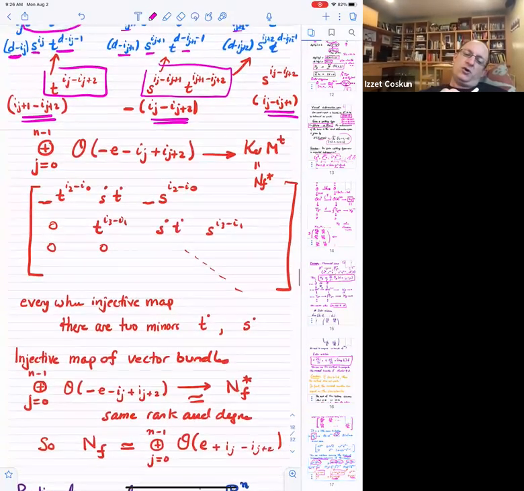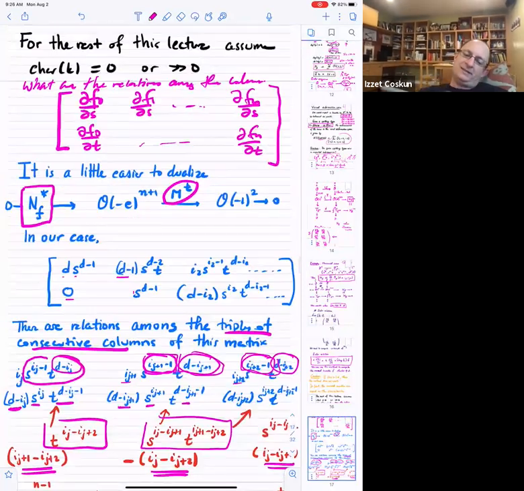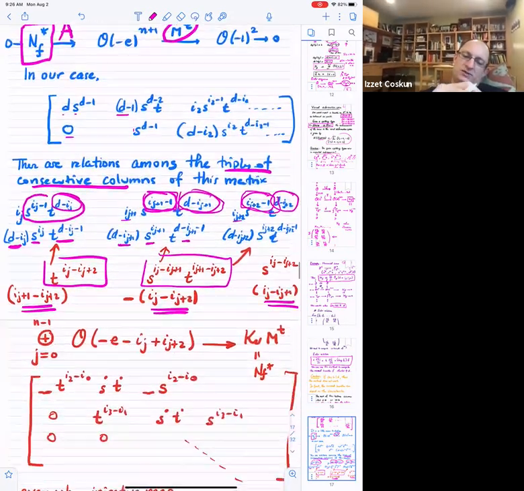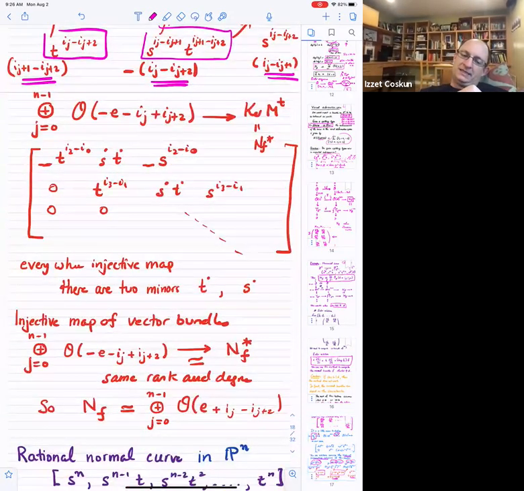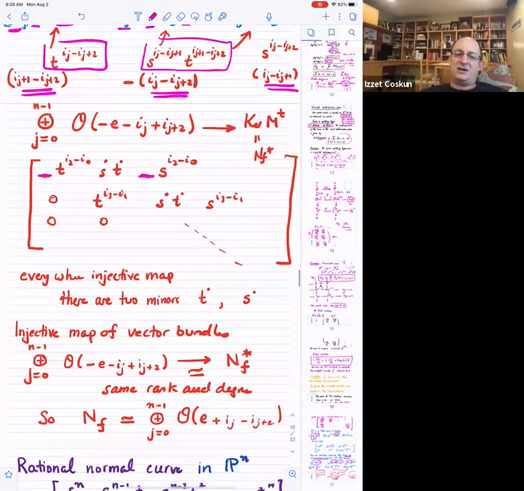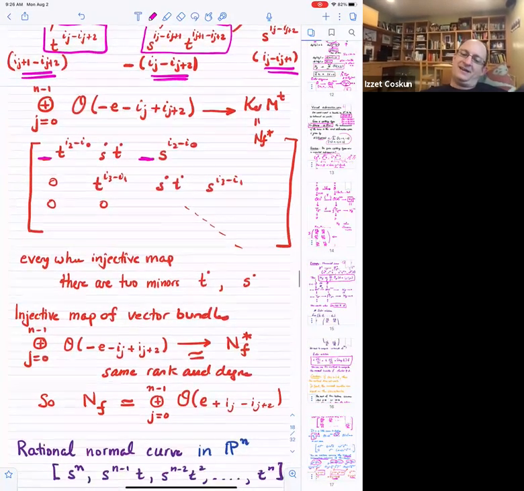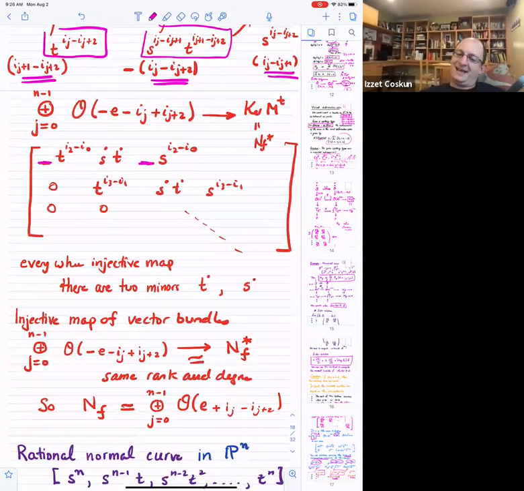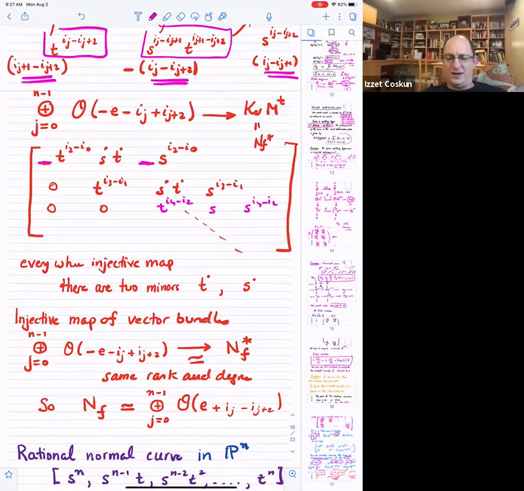And so I can write this matrix here, which we should call A. If I put t to the i_2 minus i_0, s to the something, with these coefficients that are non-zero, and then t to the i_3 minus i_1, s to the i_3 minus i_1, and I go like this. Then the next one is t to the i_4 minus i_2, s to the i_4 minus i_2, and I go like this.